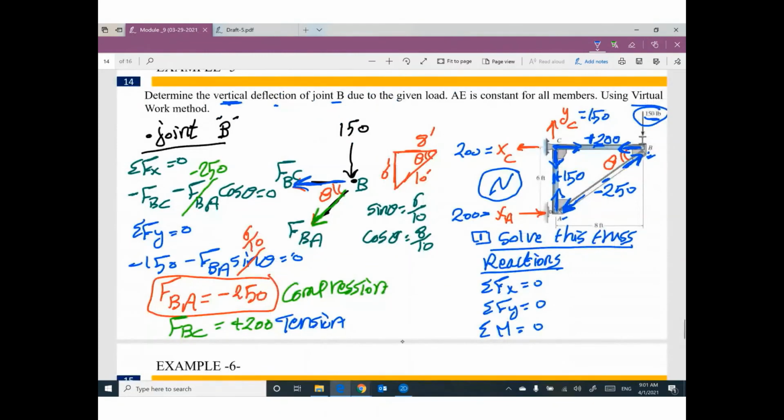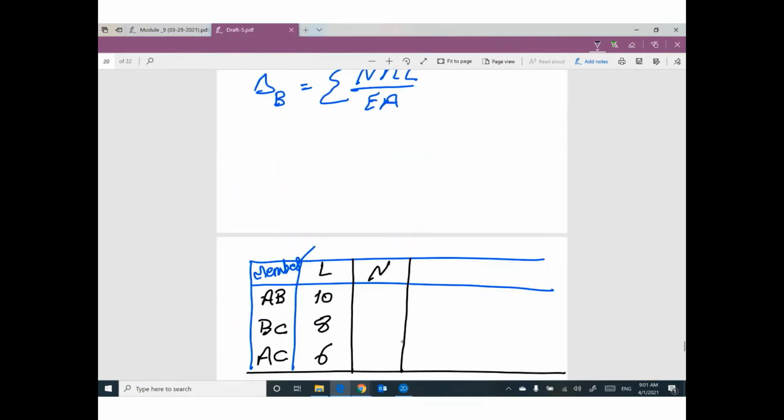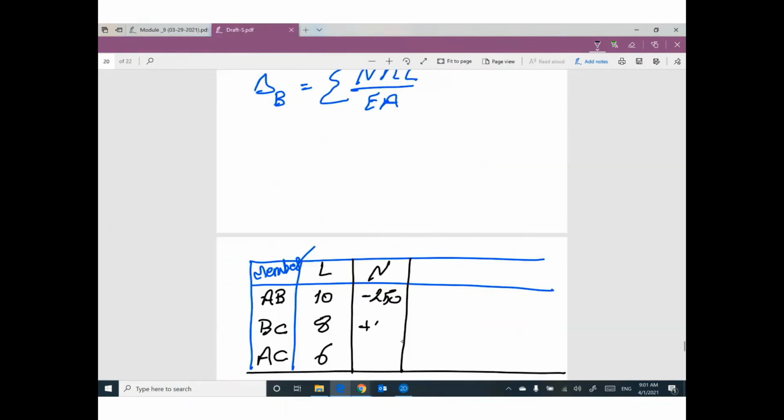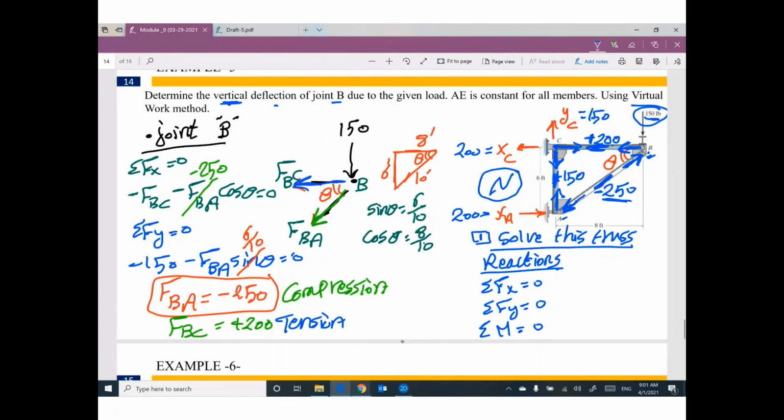What is the value of capital N? The force in member AB, negative 250. The force in member BC, positive 200. The force in member AC was positive 150.